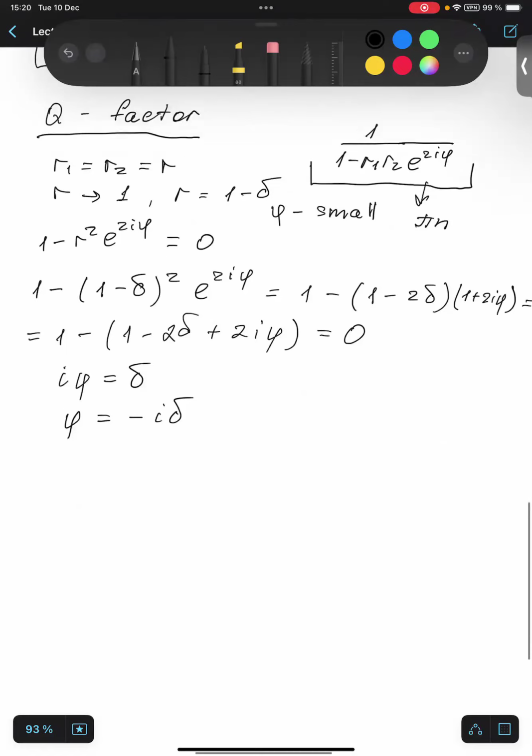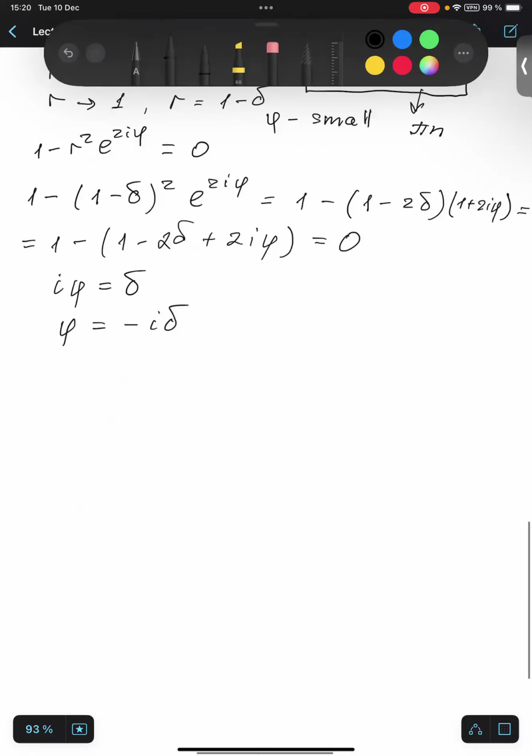So the final expression for phi is pi n minus i delta. So we have the real part and imaginary part.